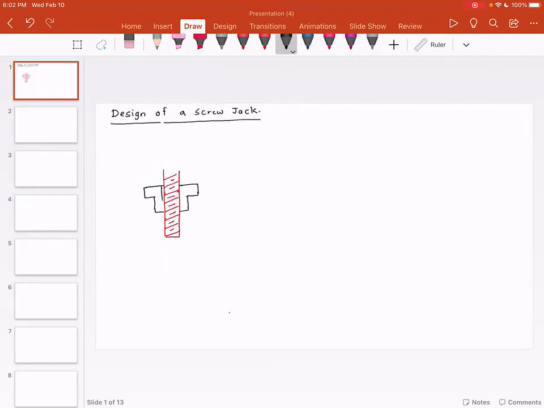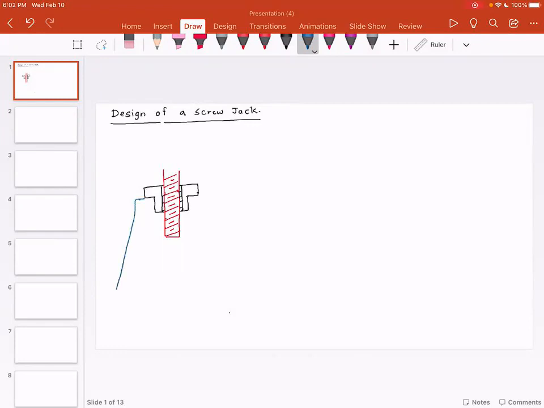Nut will also have threads, the same matching threads. And this nut will be either press fitted or attached somehow using a set screw or maybe some bolts to this housing.